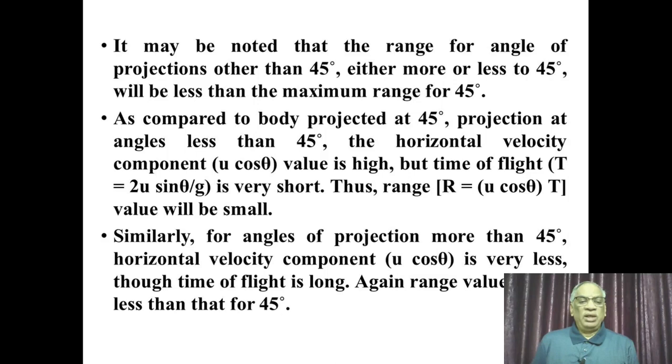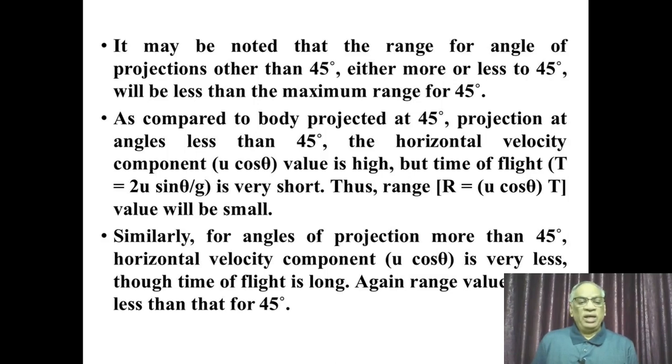It may be noted that for angles of projection other than 45 degrees, either more than 45 or less than 45, the range will be less than what we get for a 45 degree angle of projection. For angles of projection less than 45 degrees, the horizontal velocity component may be high, but the time of flight is less, so the range will be small.